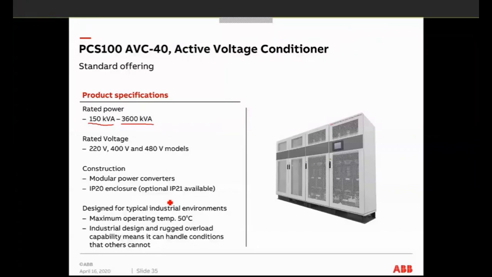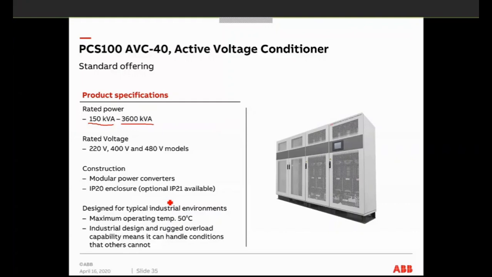Example, if you have a 1 MVA system of a PCS 100 40, and then there is one module that became defective, it doesn't mean that all that 1 MVA system will be turned off. No?